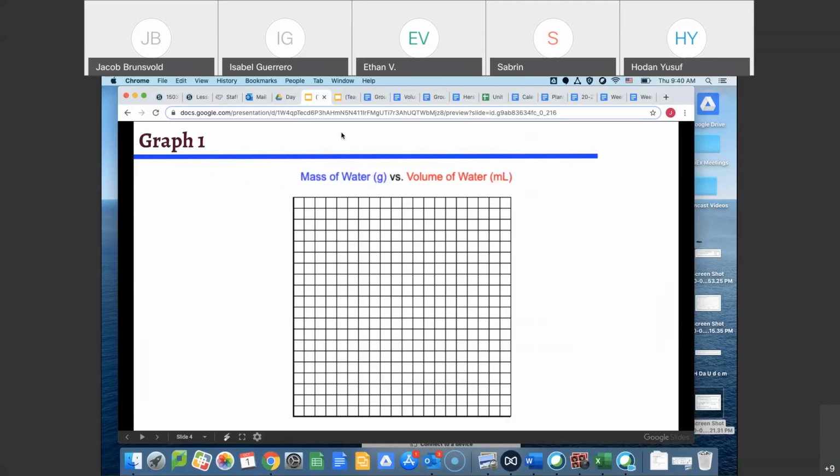So remember that whenever we do these graphs, the title is always in the form of y versus x. So here, I'm going to do that in purple right here. So y versus x.